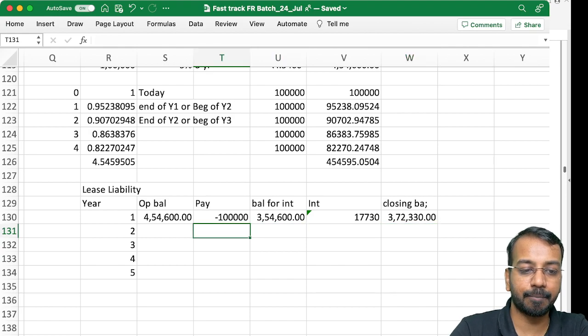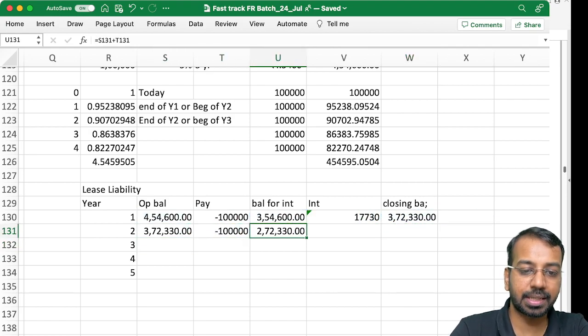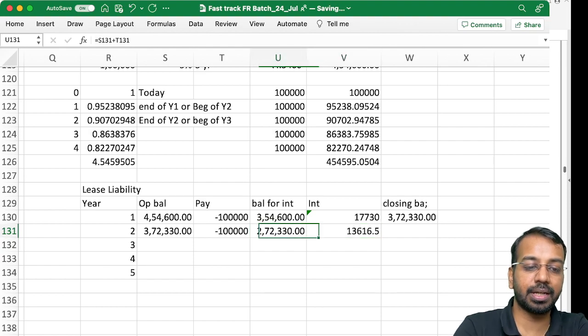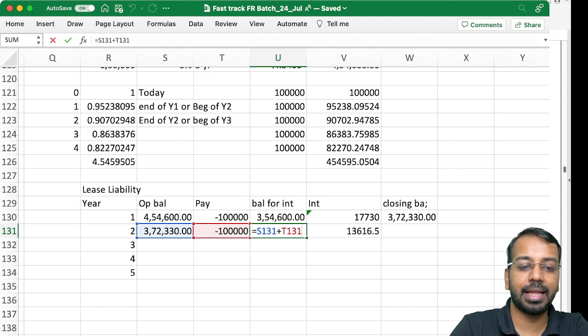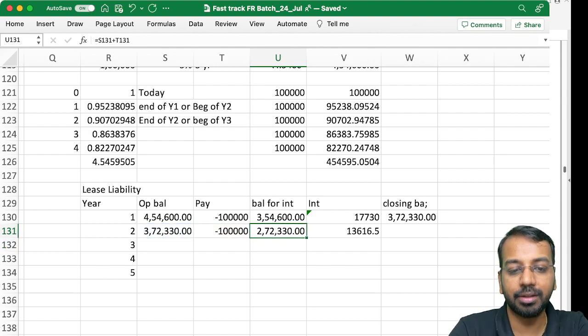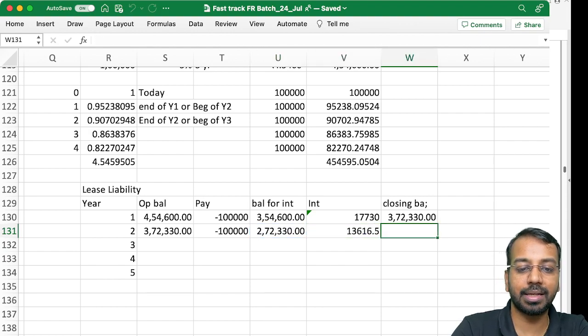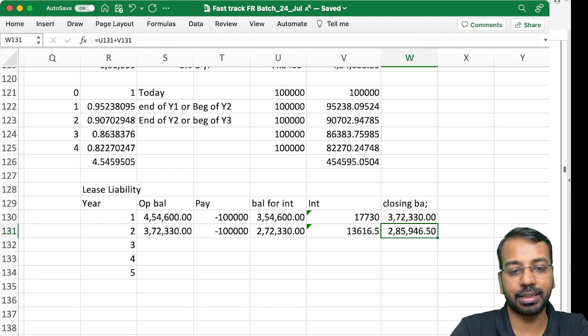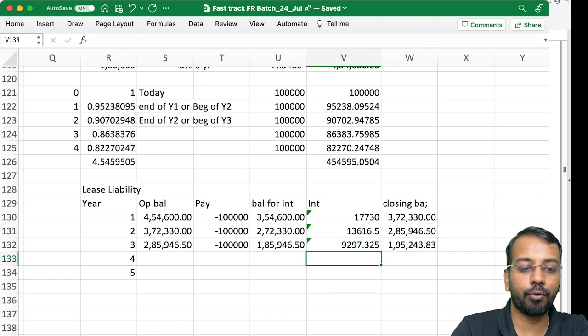Then second year: opening balance, payment, balance for interest, interest. Balance for interest is opening balance minus 1 lakh which I have paid at the beginning of the year. Balance for interest means the amount on which I will be calculating the interest. Then interest at 5%, the closing balance 285,946. Then like this you calculate for 5 years.